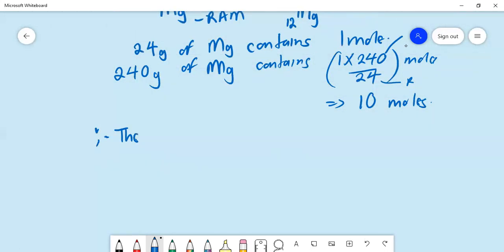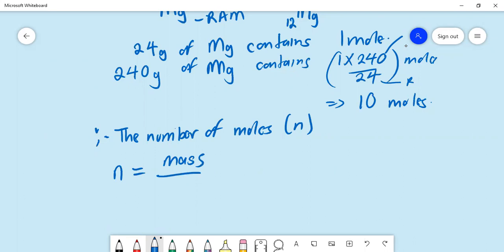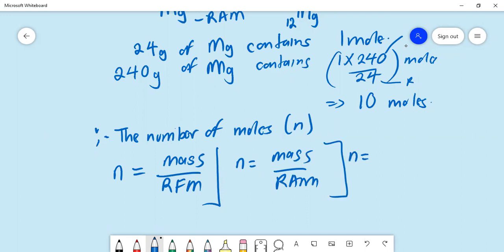Therefore, the number of moles N is equal to the mass out of relative formula mass, or N is equal to the mass out of relative atomic mass, or N is equal to the mass out of relative molecular mass. Remember, we have 3 cases: a compound, an atom, and a molecule.